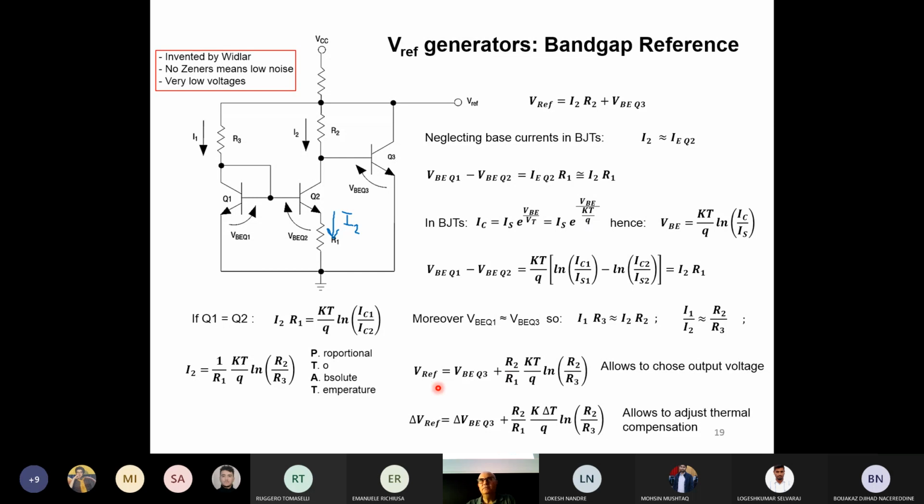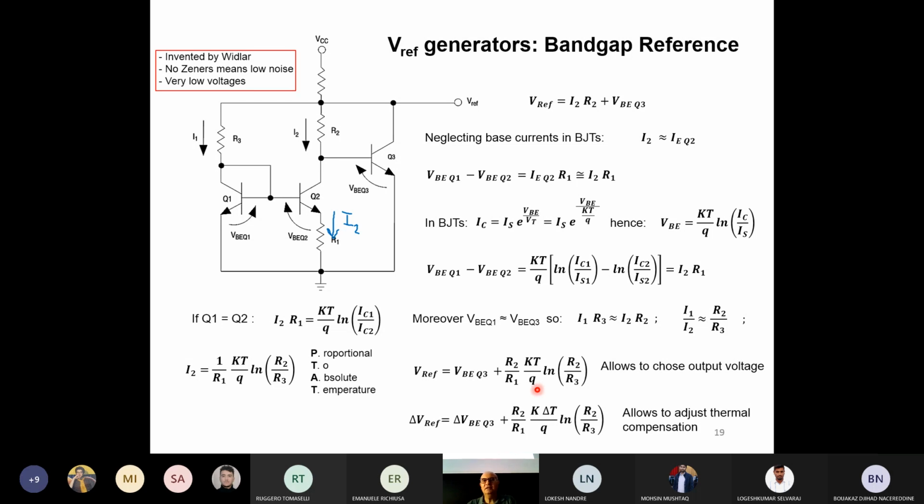There is another point. Well, we know that in a voltage reference, we must take care of the VCC, the input voltage, the output current, and the temperature. We already studied those two parameters.